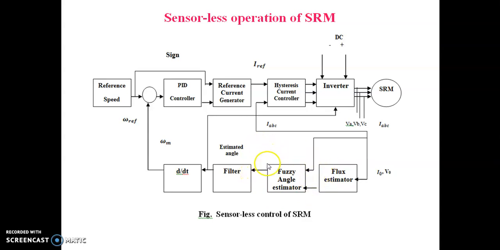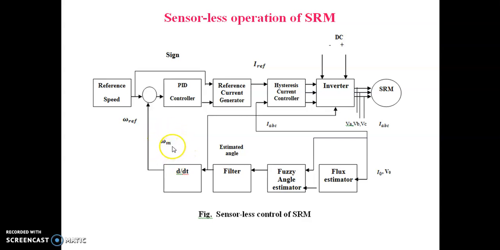Based on these inputs it estimates the output angle theta. During the conversion of phase currents and flux into the angle there will be some ripple content, and to reduce it we use a filter here. The estimated angle is only theta, but the speed omega m is d theta divided by dt, so we find the variation of this angle by taking d by dt of theta, which is our omega m.